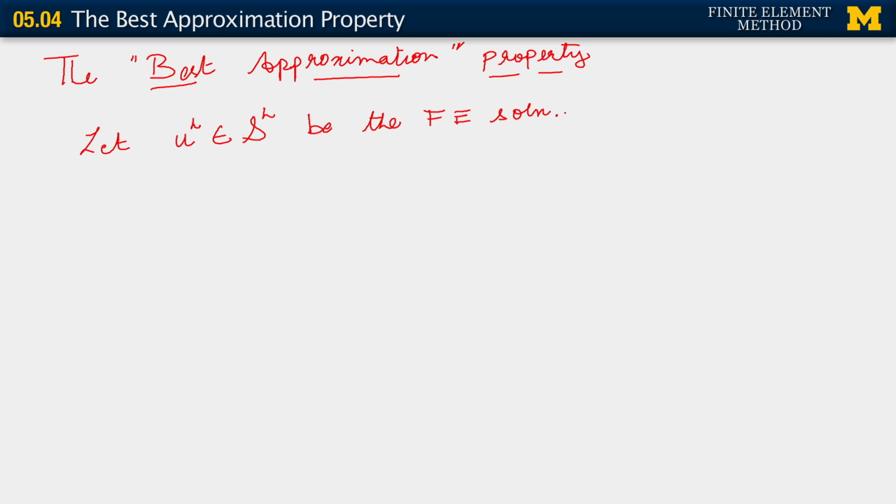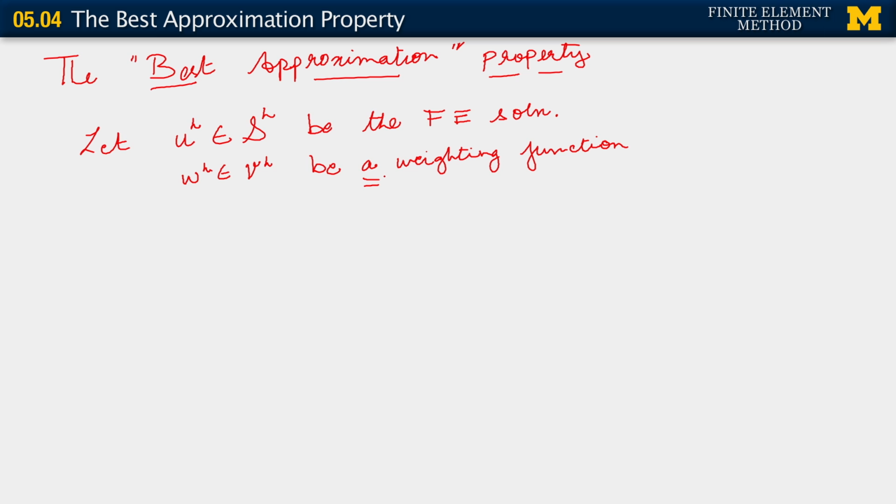And let WH, as we've been doing also, belong to VH, be a weighting function. Note that I'm saying it is a weighting function, and the idea is that we are going to consider any weighting function living in VH.